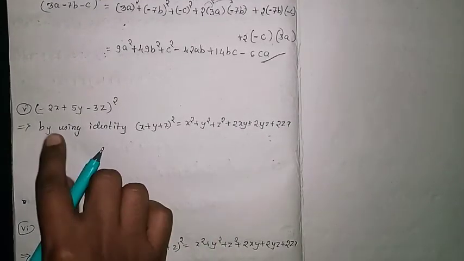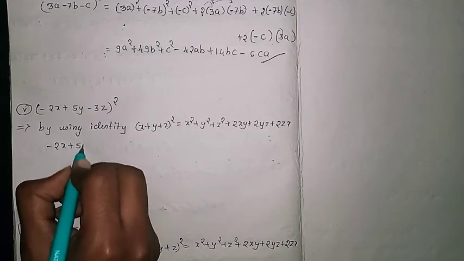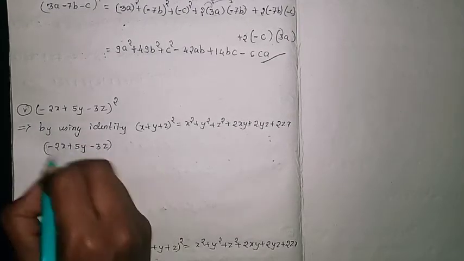So the fifth one, same identity, so you can solve directly: (-2x + 5y - 3z) whole raised to square.